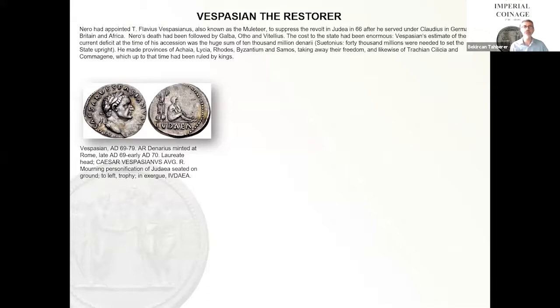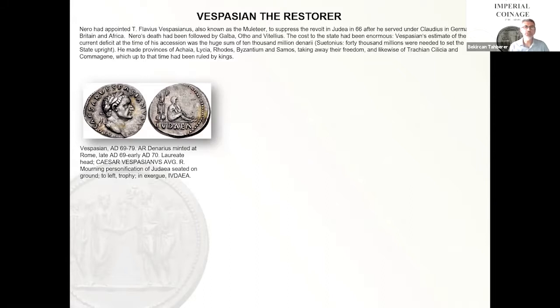Vespasian's estimate of the current deficit at the time of his accession was the huge sum of 10,000 million denarii. Suetonius actually gives the figures in sestertii, so 40,000 million sestertii needed to set the state upright.